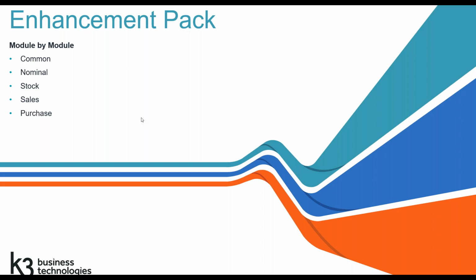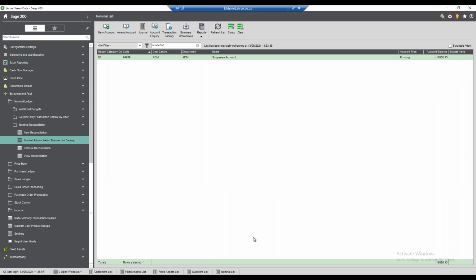So we're going to look at some of the other common add-ons next. Let me just get back to my server. Bear with me. And there we go, I'm back.